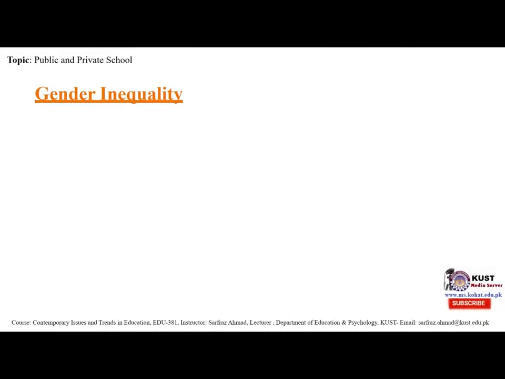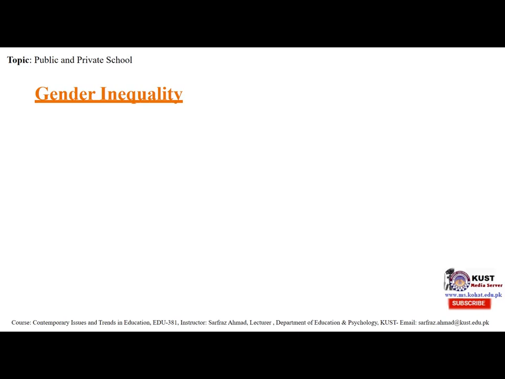Now, what is meant by gender inequality? Gender inequality is the idea that men and women are not equal, and that gender affects an individual's living experience. These differences arise from distinctions in biology, psychology, and cultural norms.